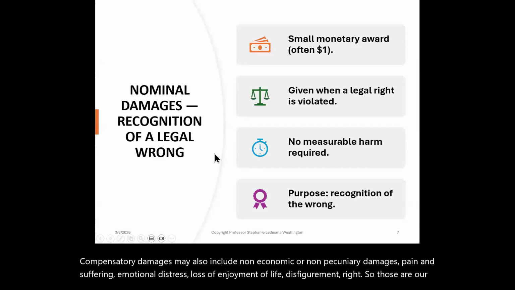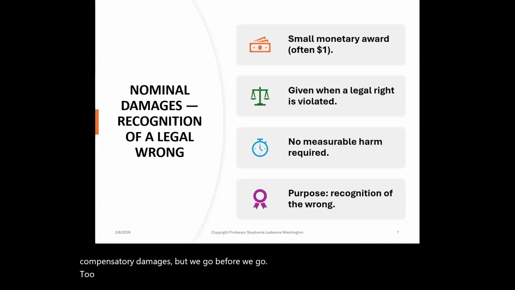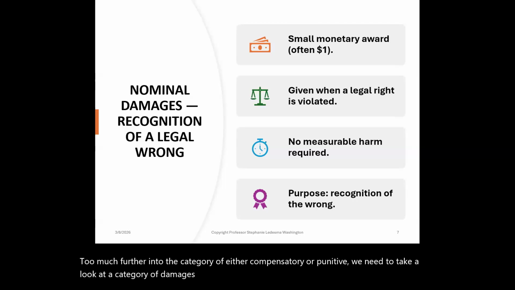But before we go too much further into the category of either compensatory or punitive, we need to take a look at a category of damages that is outside of that binary structure. And those damages are called nominal damages.